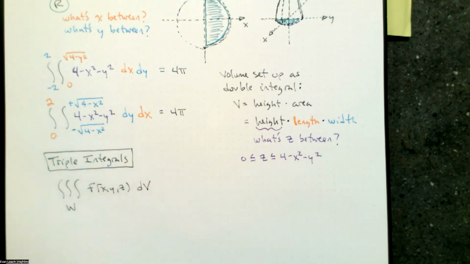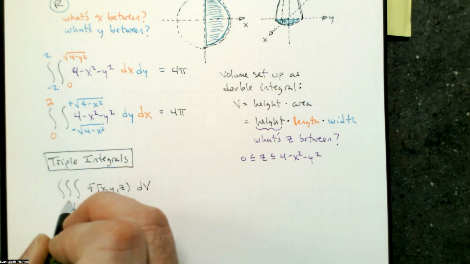So dV is going to be some small rectangular solid piece of W. We're integrating a function f of x, y, and z. W is going to be just the set of x, y, and z that we want to plug into the function.